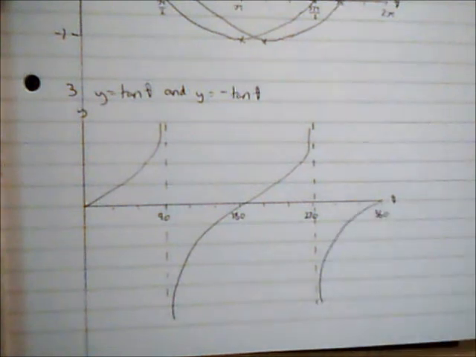And it looks something like that. So the asymptotes are where there are no values that we can get.